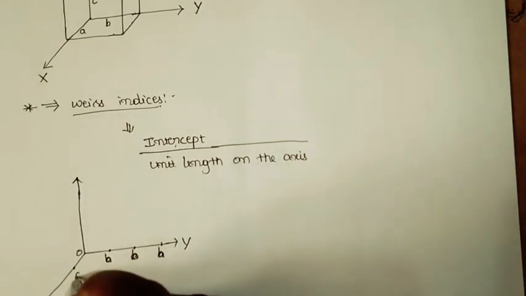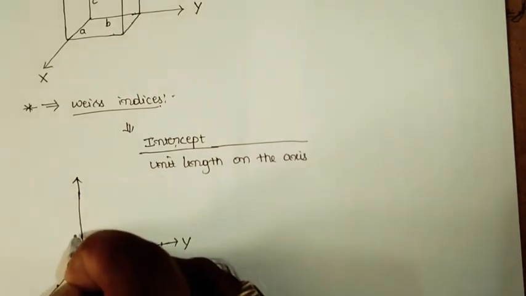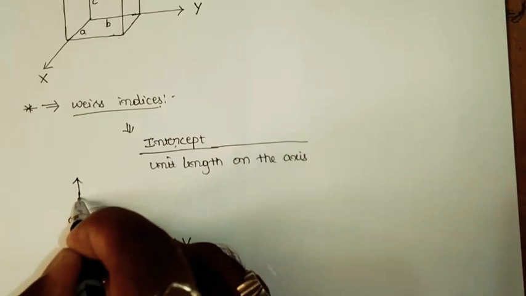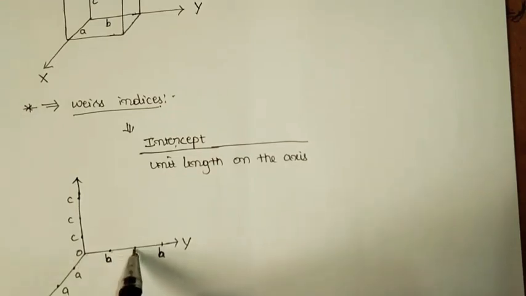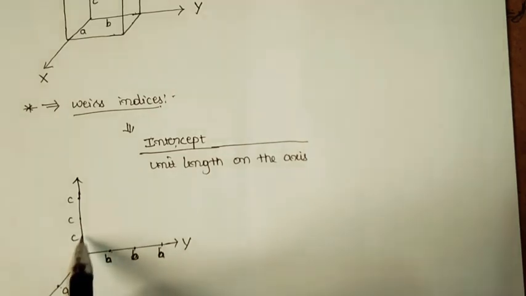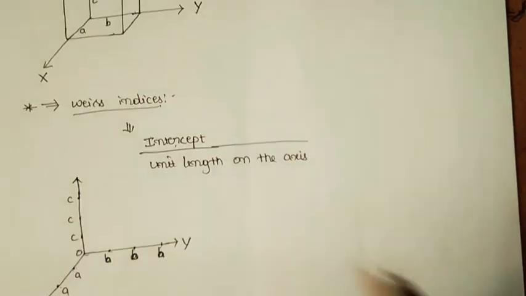Along x, let me consider this as A, and A. These are the unit lengths. This is C, C, and once again C. So here, this is one length B, this will be 2B, this will be 3B, and similarly from the origin it is length A, this is 2A, and this is 3A. Similarly it is C, 2C and 3C.